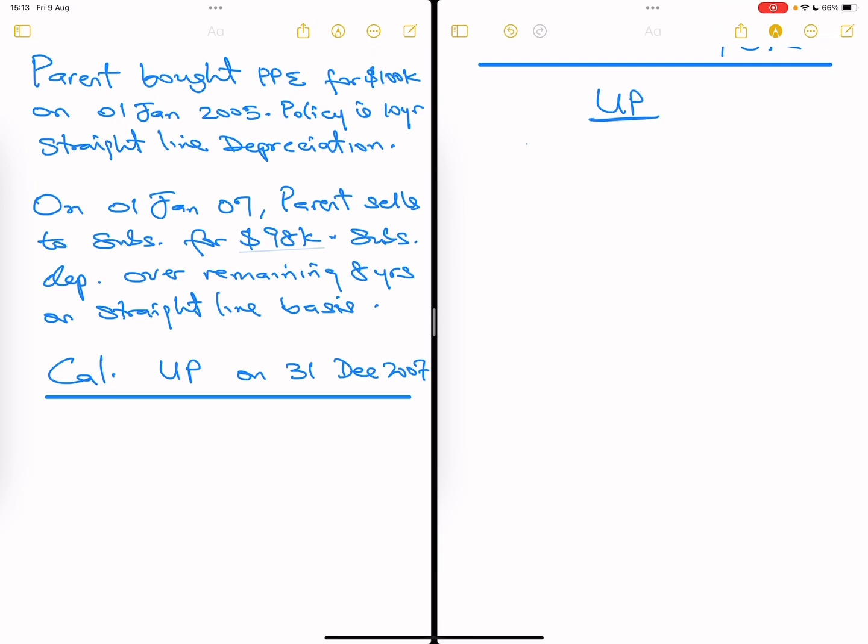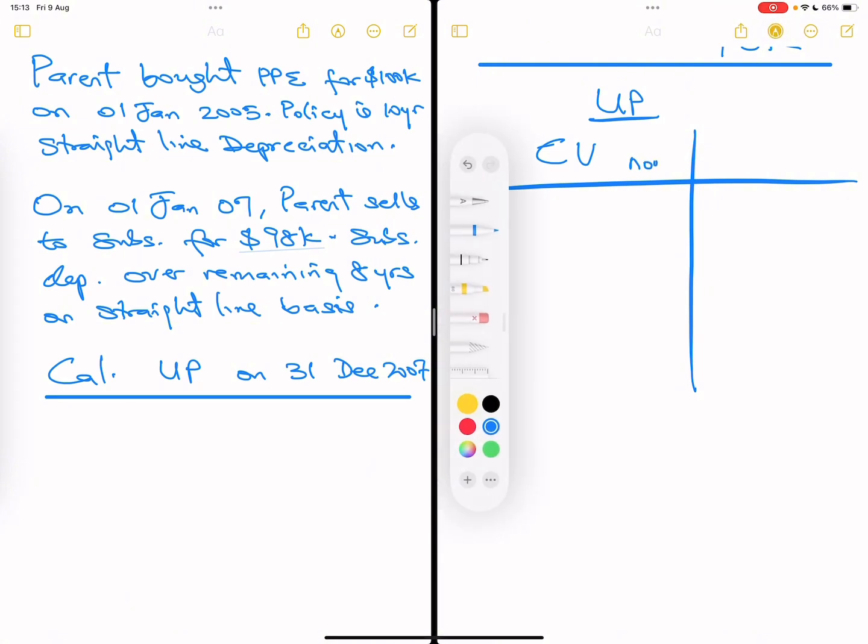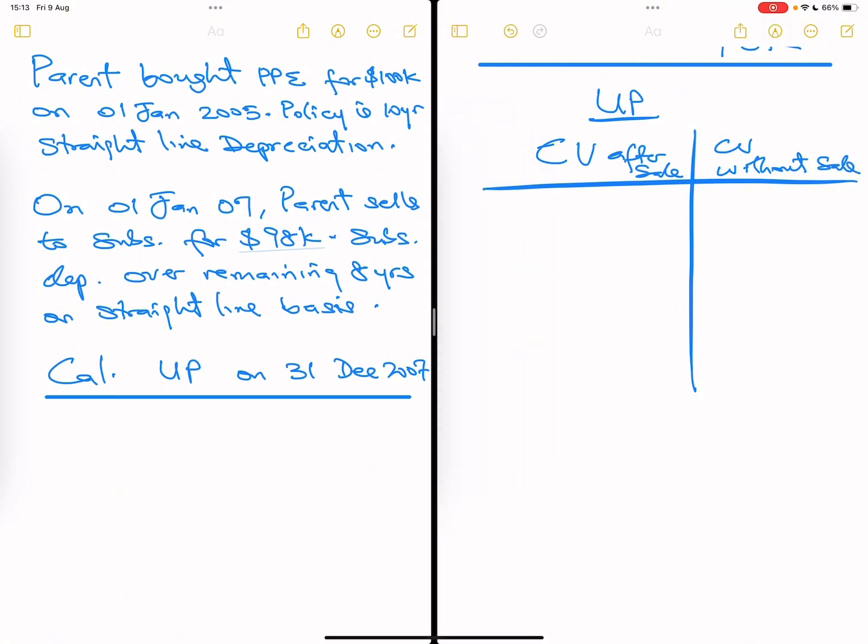I said you need to calculate the current value now, at reporting date after sale, and the current value without sale. That's all you need to calculate.